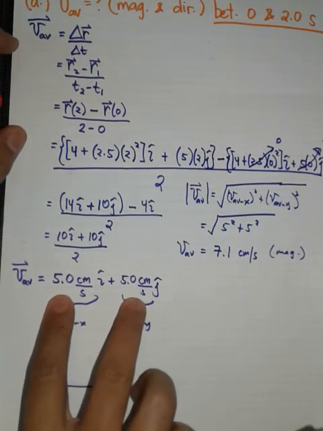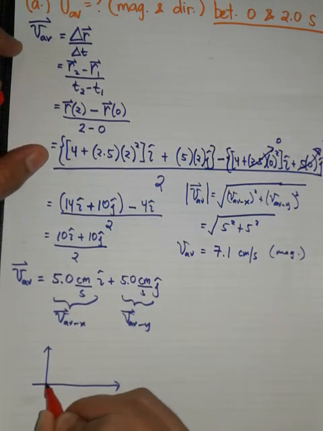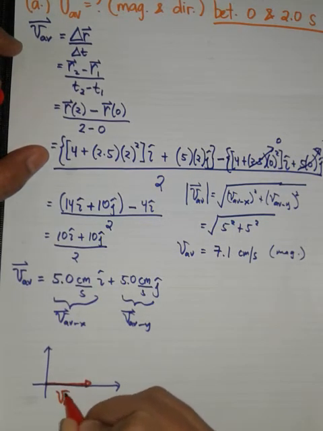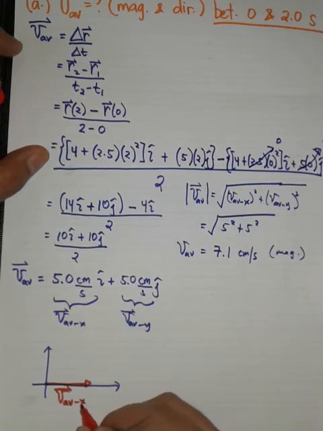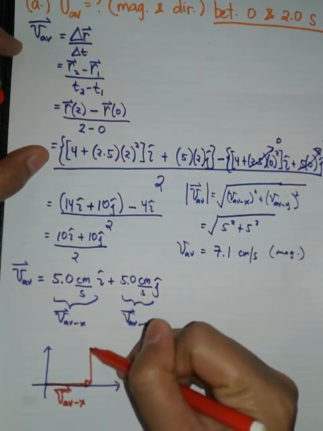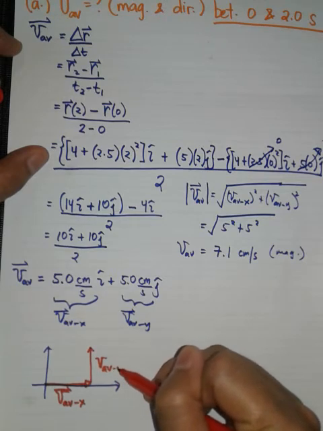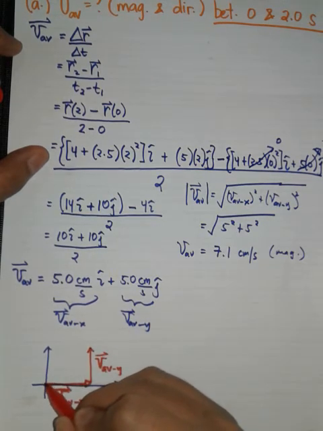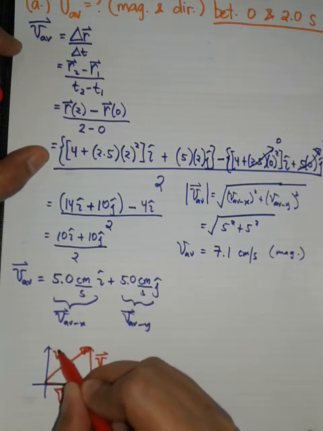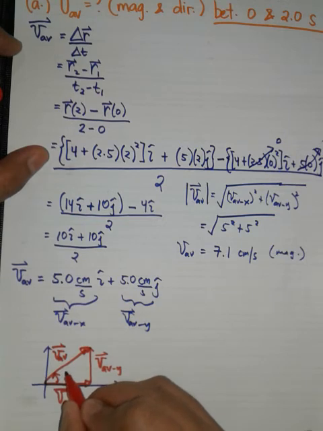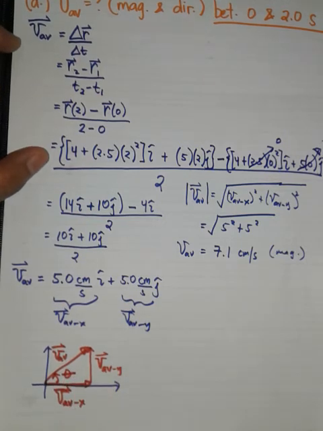So, kung pareho ito, pareho dapat ng haba. Okay? So, I'll have here, this is my v average x component. And then, head to tail ko siya kasi vector addition diagram ito. V average y. And then, starting point to end point, that's the resultant. This is now the v average. And then I'll look for this angle. I'll call this theta. Okay?